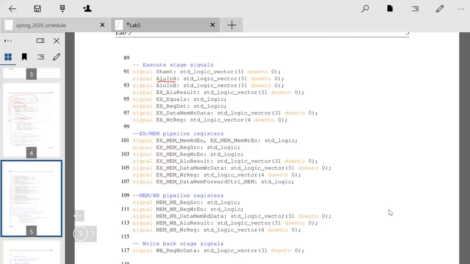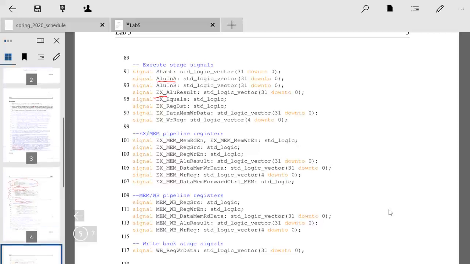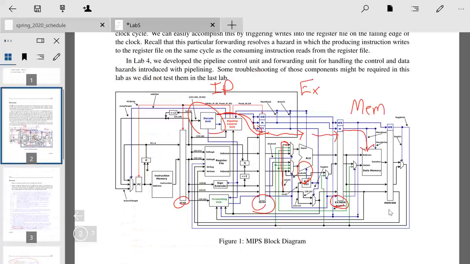Now, the ALU result propagates down the pipeline. So notice that it has a prefix of EX, and that's because it's generated in the EX stage. If we locate it on the diagram, the EX ALU result is this signal right here.